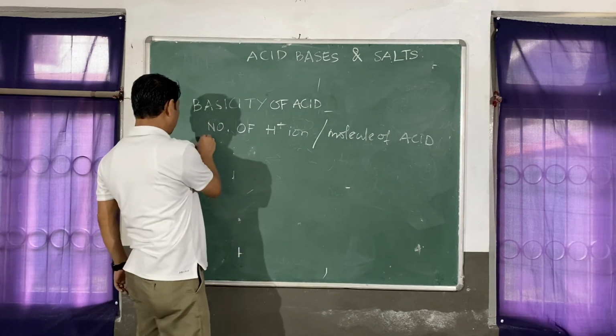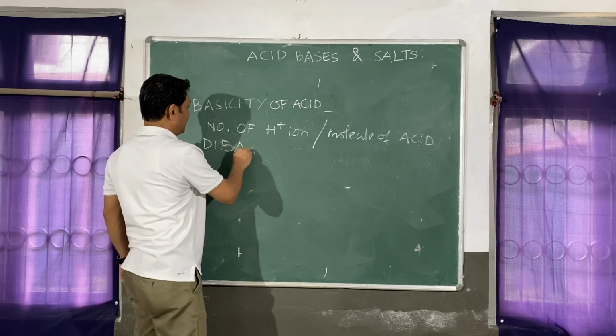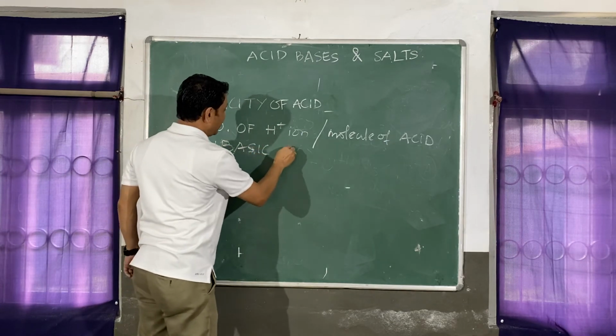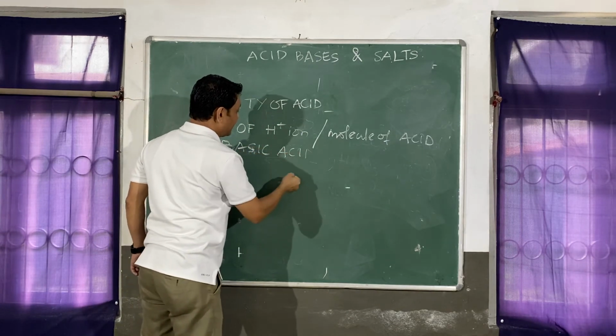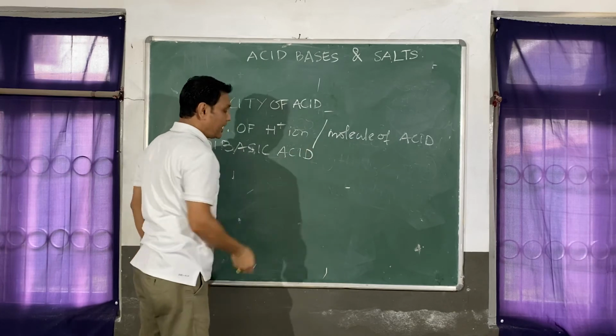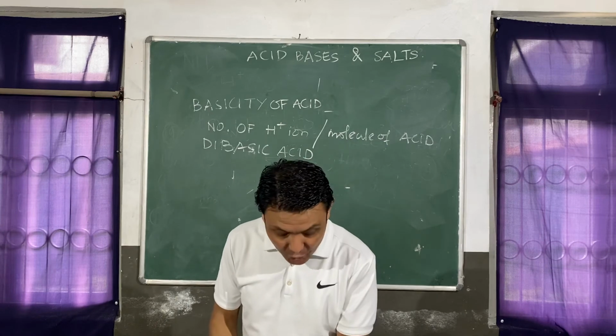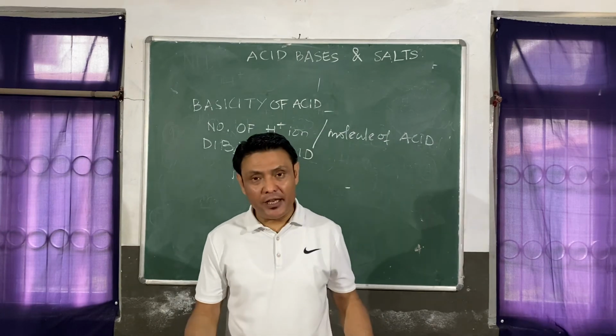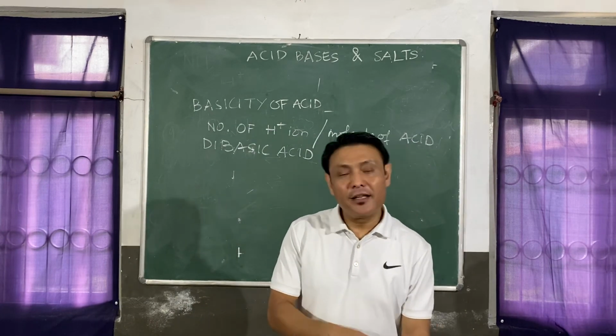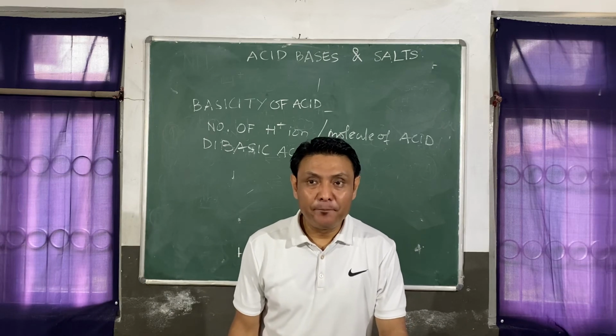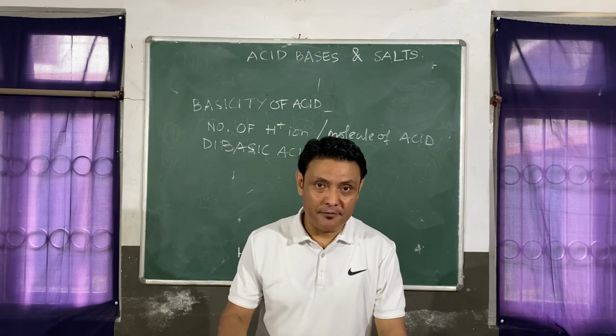Dibasic acid. What is a dibasic acid? Dibasic acids are those acids which dissociate, whether partially or completely, it doesn't matter. We are not talking about the strength of an acid here.